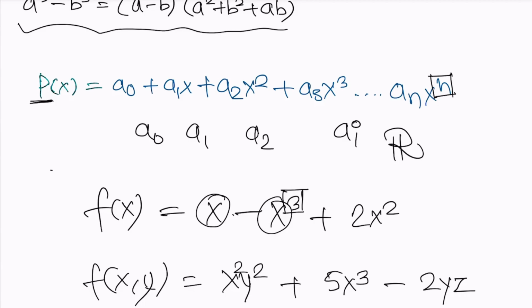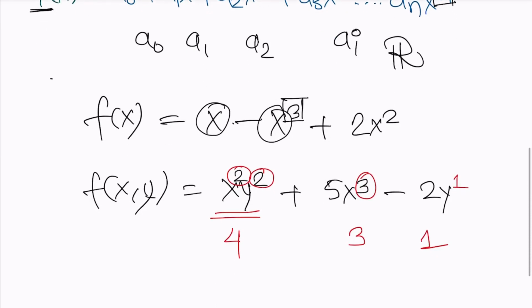Okay, in that case we would also have to add z, so let's leave the z part out. Okay, so in this case, what is the highest power? So in this case we just add all the powers of the variables of a single term. So in this case we will use this term, and this 2 plus 2 is 4, this is just 3, and this is just 1, so the answer is 4.